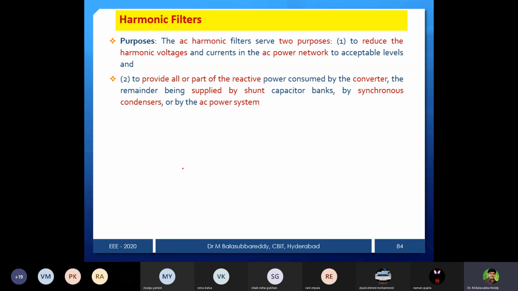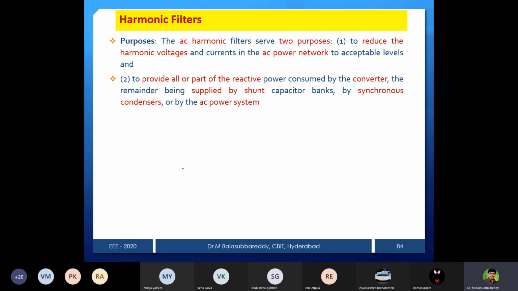For that we need to design filters. There are many filters, such as AC filters and DC filters. In an HVDC station, a number of filters need to be installed on the converter side as well as the inverter side, that is, the rectifier station and inverter station, on the source side, before and after the valves, meaning the DC side.